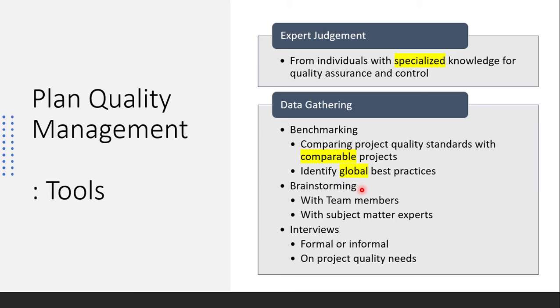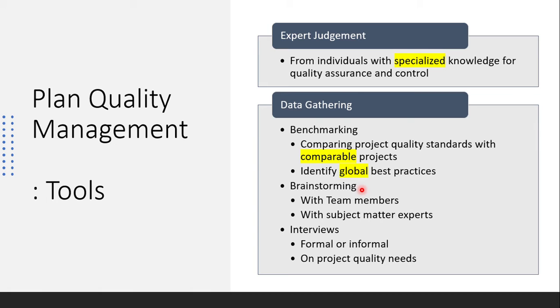Say you are doing an e-commerce site, and there are security standards, API security standards that you have to adhere to. You can compare certain other comparable projects that other organizations have done, or even global best practices. I mean, identify global best practices like the Tier 3 standards or any other ISO information security standards.